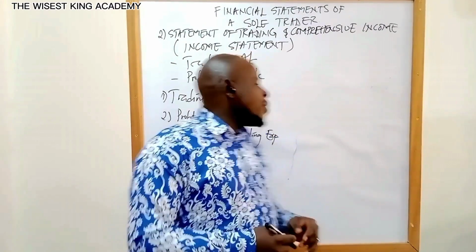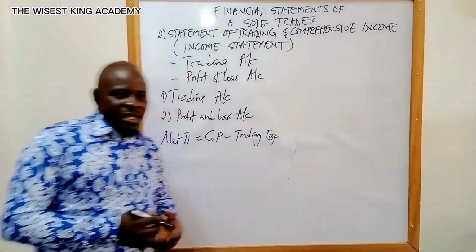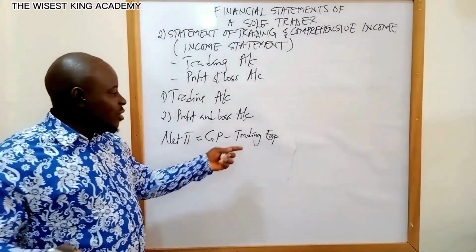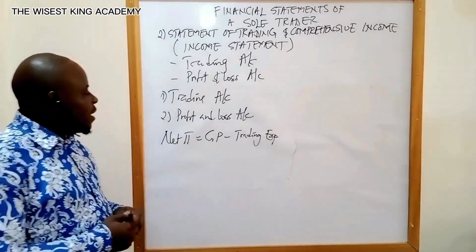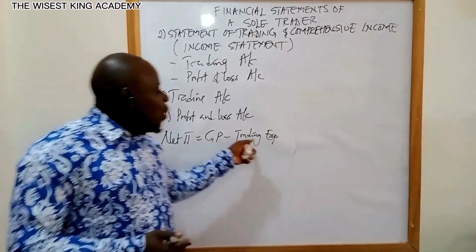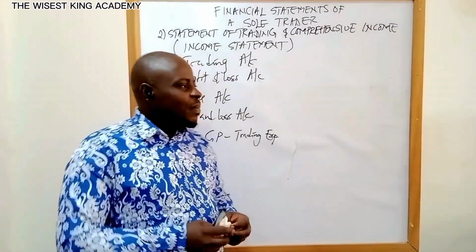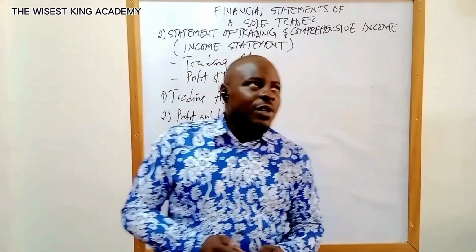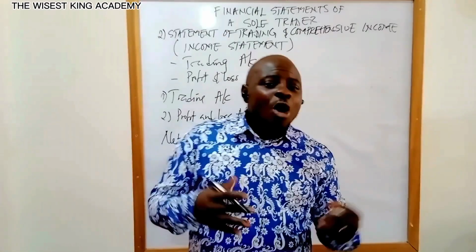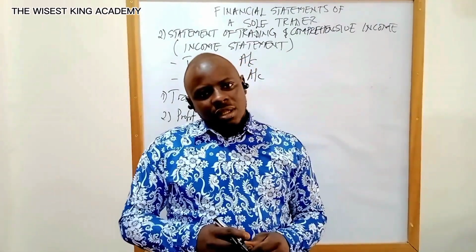So those are examples of trading expenses. Now, before we subtract our trading expenses from the gross profit to have the net profit, we need to verify, are there other incomes?